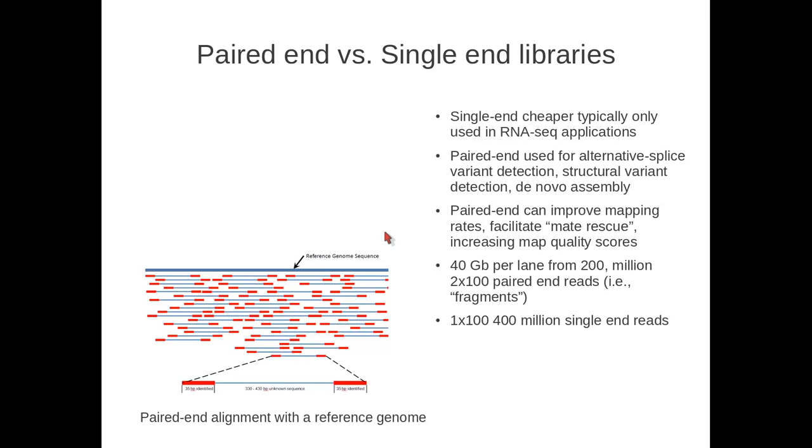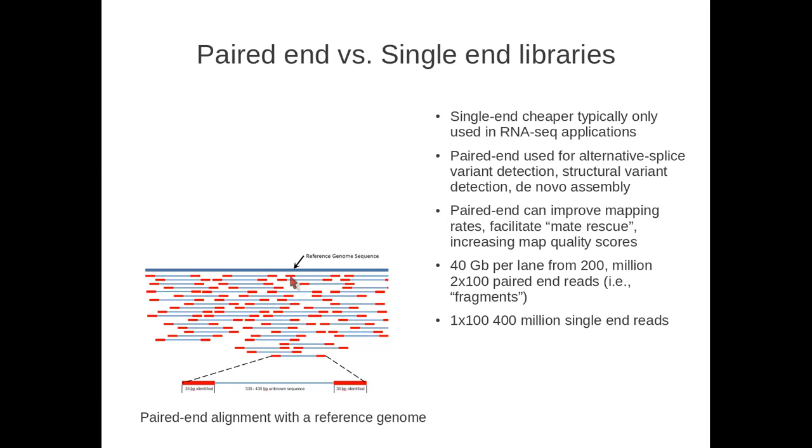So why do we use single end versus paired end? Single end is just cheaper, and if all you need to do is identify a particular transcript, where each read counts towards the quantification of a single mRNA and how abundant it is, single end can be very effective and cheap at quantifying gene expression.